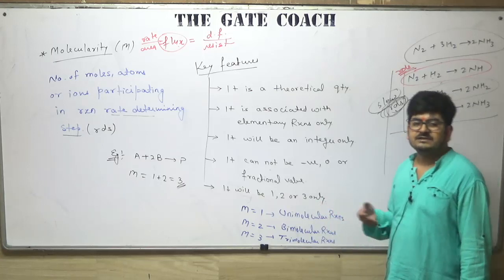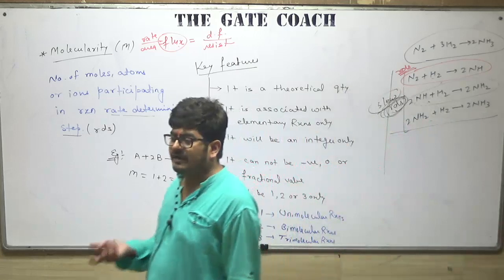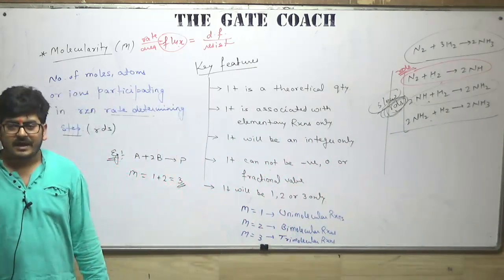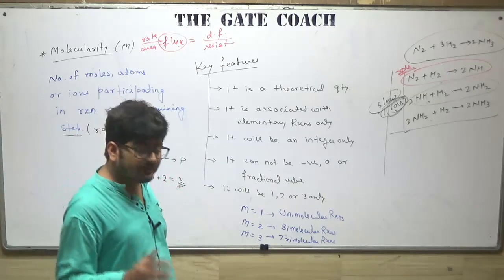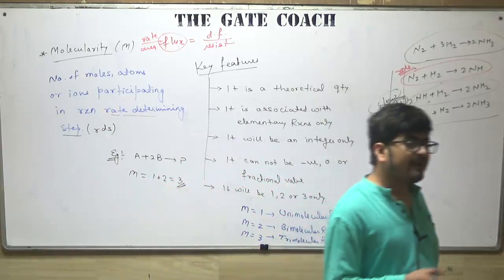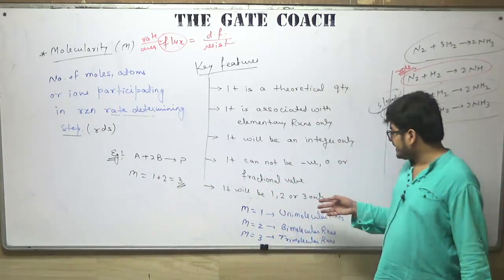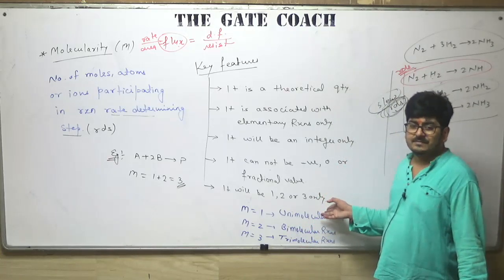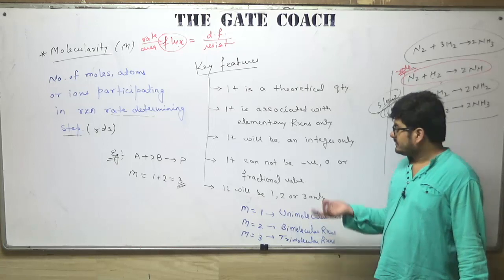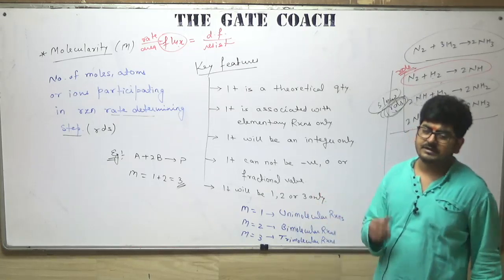Why? Because in science, we believe only in those things which are factual, which exist in real life. And till now, in the entire universe, we have not found any reaction with molecularity greater than 3. So that's why we say, for any chemical reaction, molecularity will be 1, 2 or 3 only.